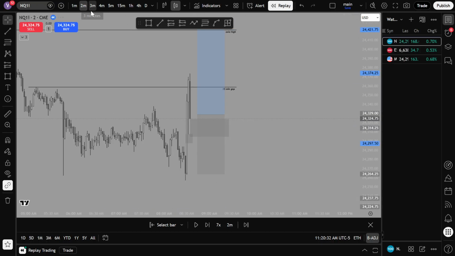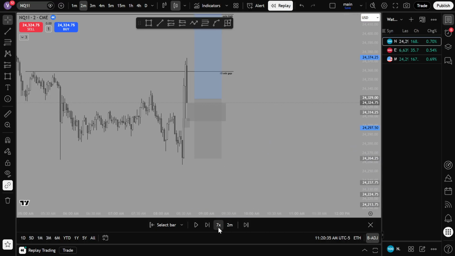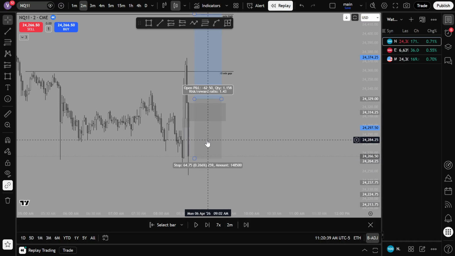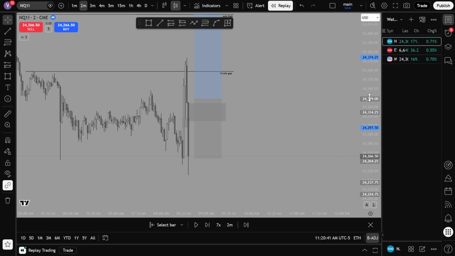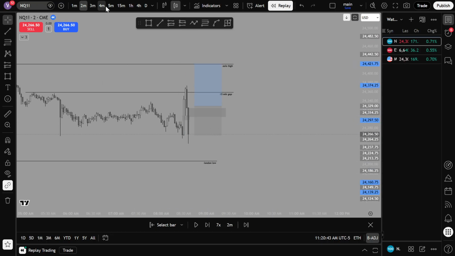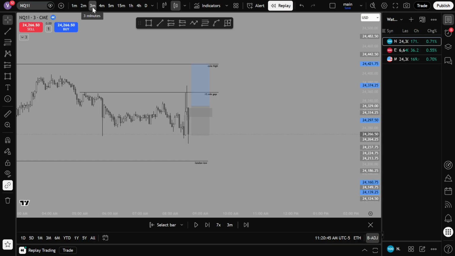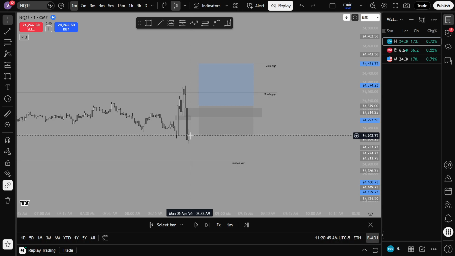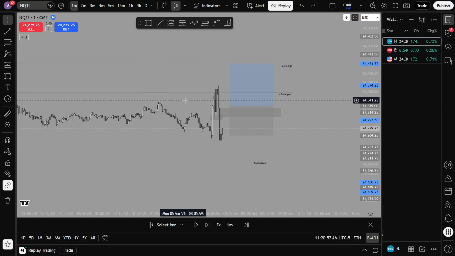A 2-minute opened up. Boom. I'm pretty sure I front ran this 2-minute IFEG, or 2-minute bearish IFEG, but I go break even at this internal low and we ended up getting break even, right? So it was a quick break even trade.